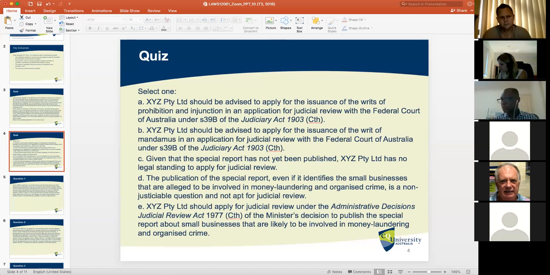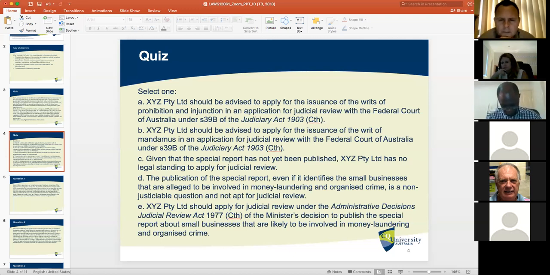Okay, and what exactly is the effect of a writ of prohibition? The injunction, yes, it's about restraining a decision maker. So it would prevent a decision maker, in this case the minister, from publishing the report.